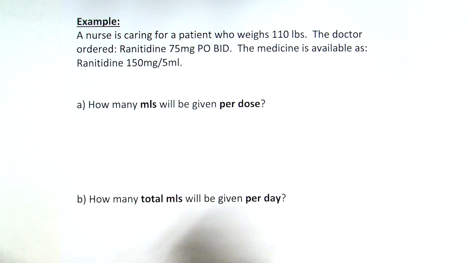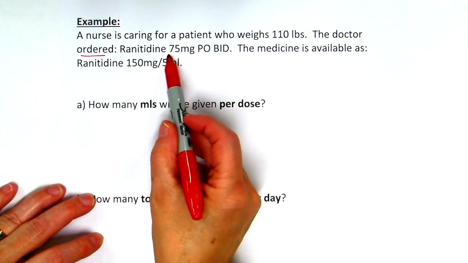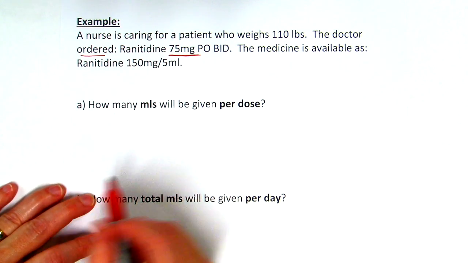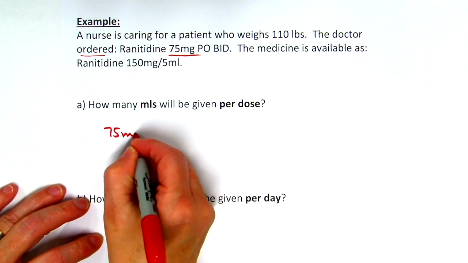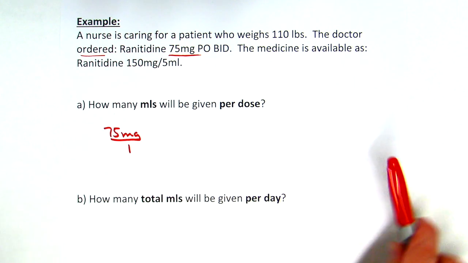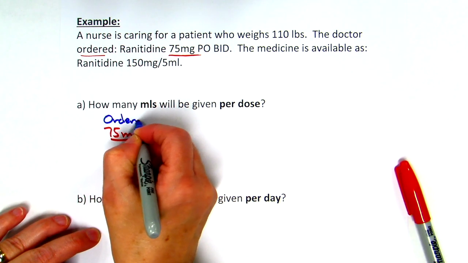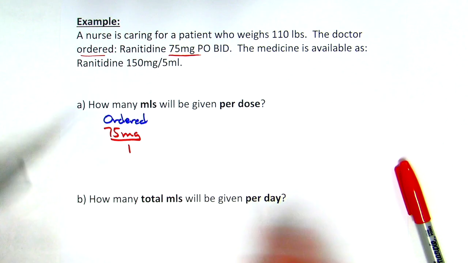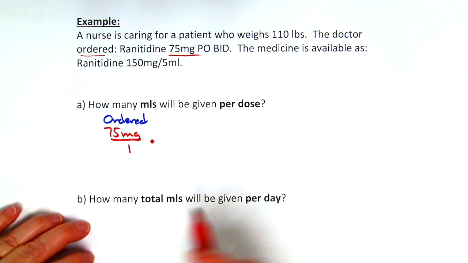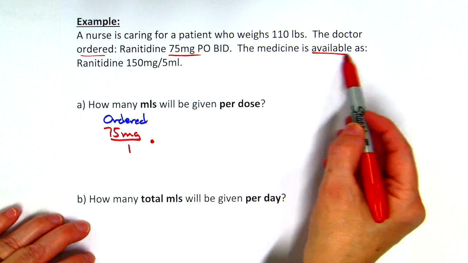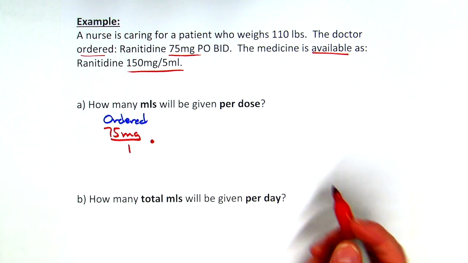What was ordered was the 75 milligrams, so I'm going to go 75 milligrams over 1, and label that as ordered. I want to multiply that by whatever I have that is available. The medicine is available as 150 milligrams per 5 milliliters.